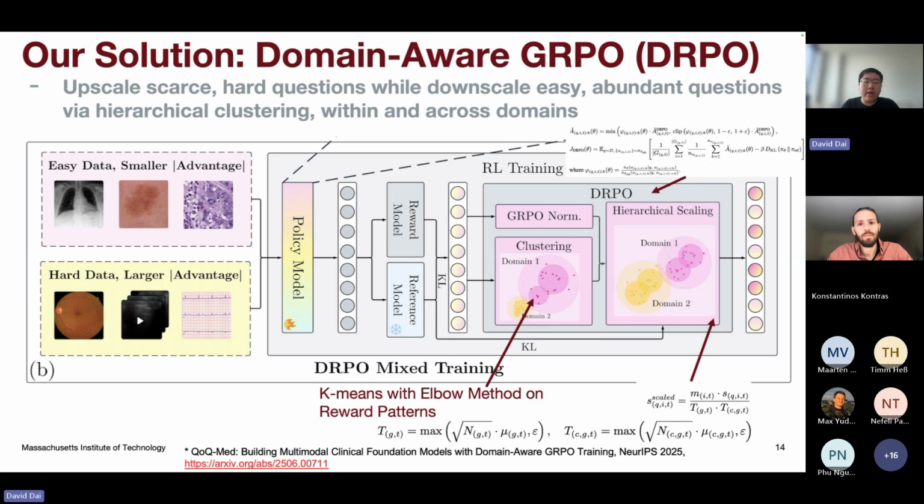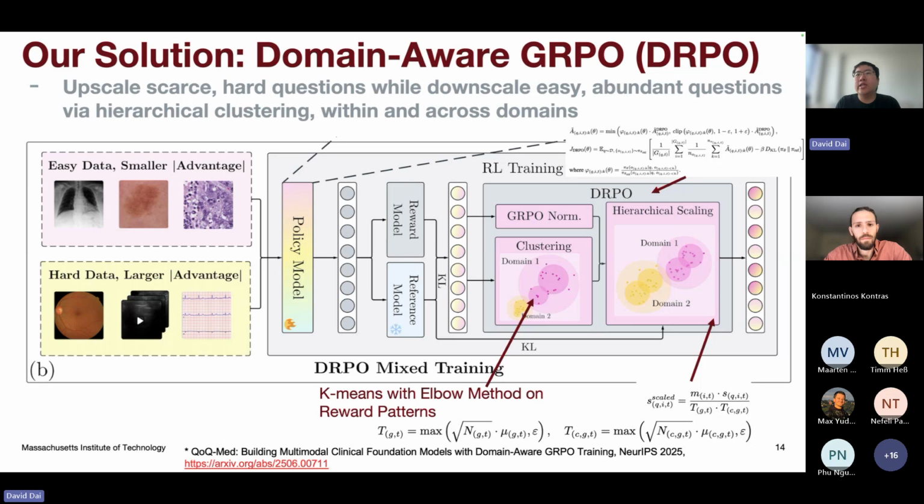I'm trying not to get too much into details, but sometimes we see that if a sample has a reward of always 0.5 throughout all rollouts, the model is essentially not learning anything, because after normalization from DRPO, all of the rewards from this particular sample will be normalized to a mean of 0.